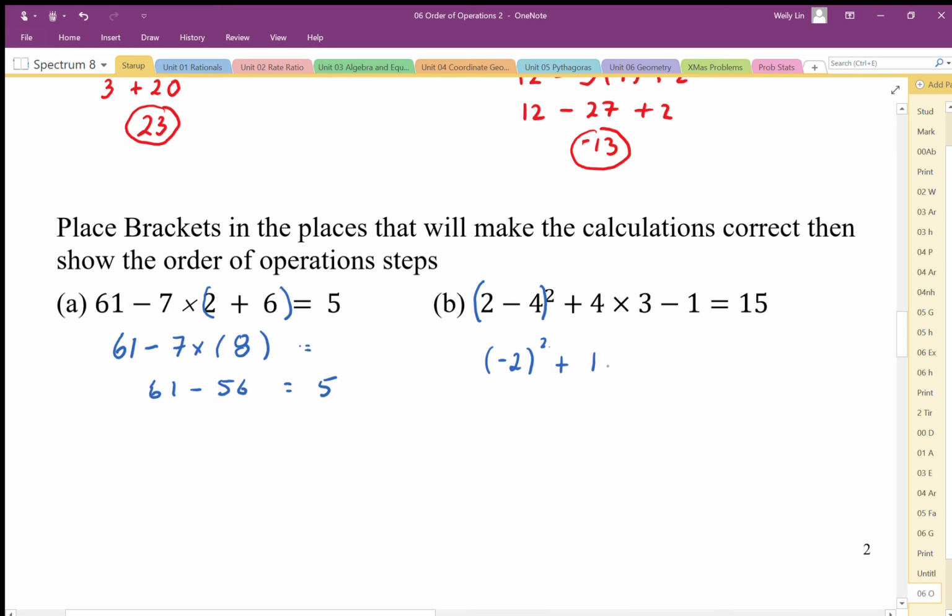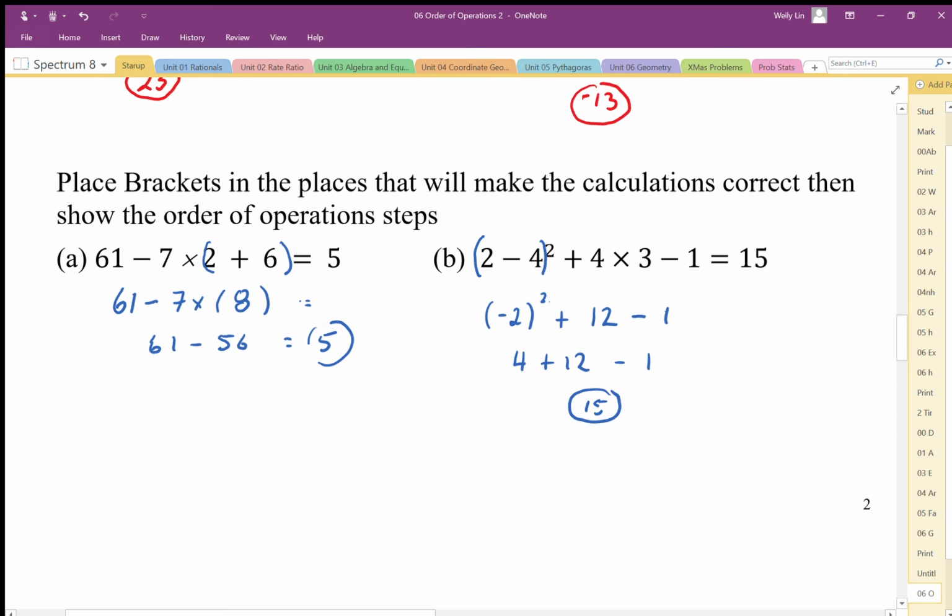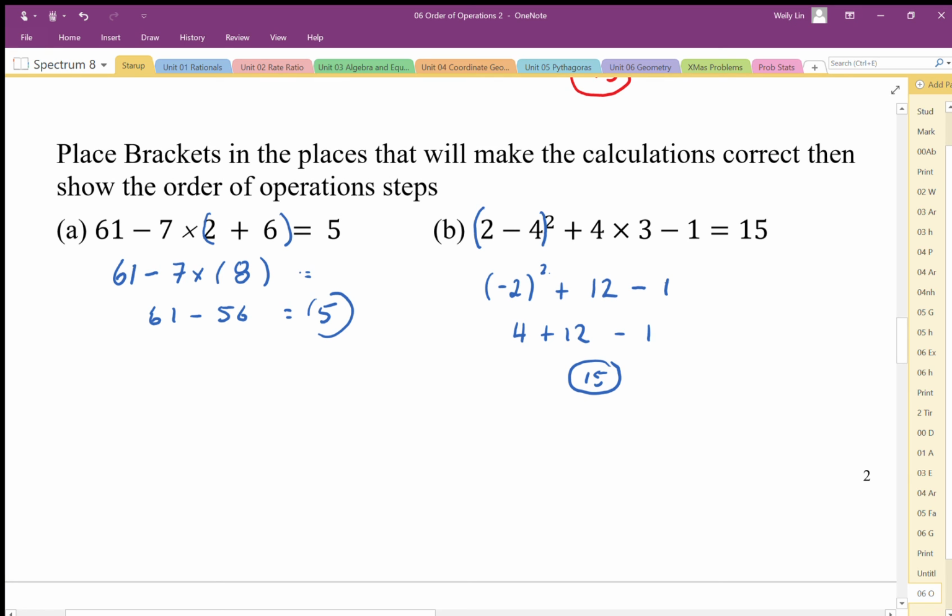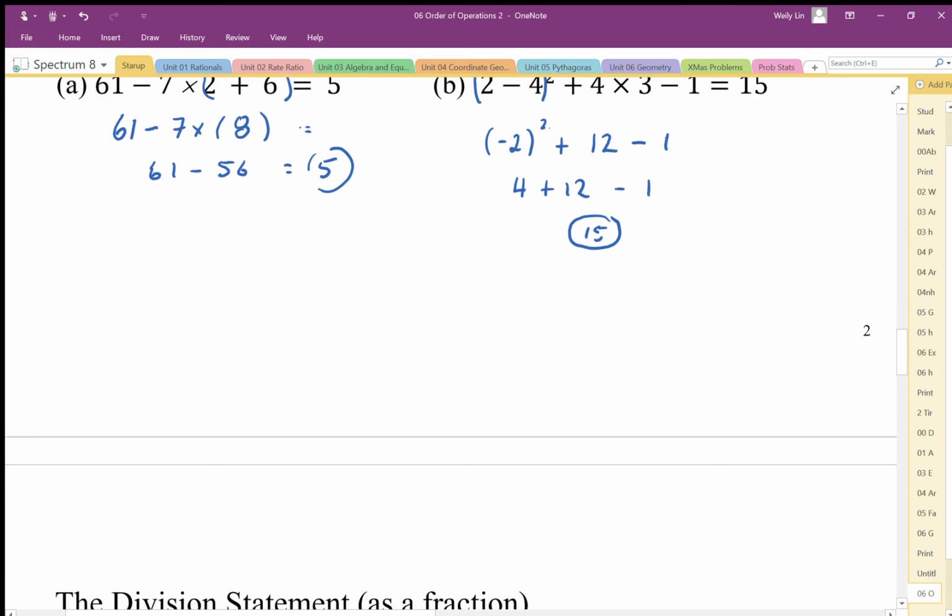So 4 times 3 is 12. So I end up with positive 4 plus 12 minus 1. And that's going to give me the 15 that I wanted. So the brackets are going to go around that place there. These are ones we have to mess around with a little bit of guessing and checking, but if you have some intuition, you want to try to follow that intuition a little bit.